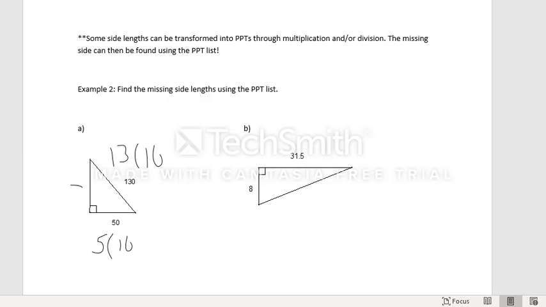So this is going to be something times 10. If we look at our PPT list, there is a 5, 12, 13, where 13 is the hypotenuse. So this side is 12 times 10, which ends up being 120. So that side has to be 120.